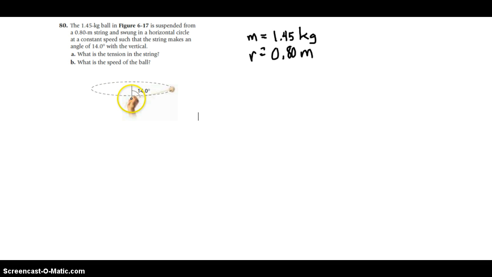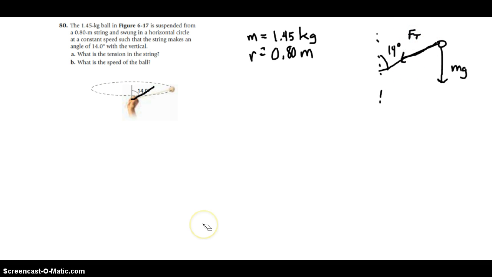So what that means is the string is at an angle. I'm going to draw it over here. At an angle holding that ball 14 degrees from the vertical, meaning that if we look at the forces acting on the ball, we obviously have the weight pulling down, but we also have this tension in the rope pulling at this angle of 14 degrees.